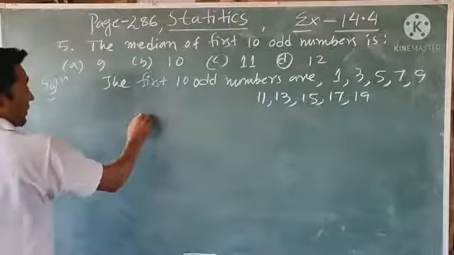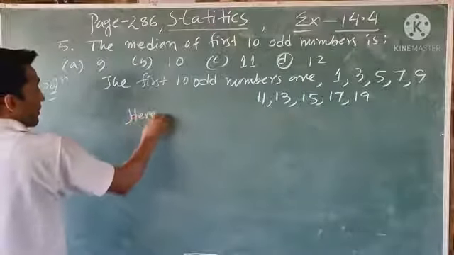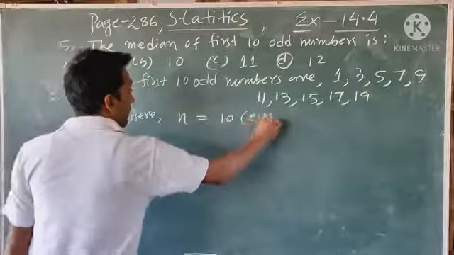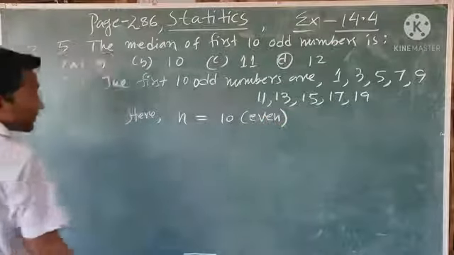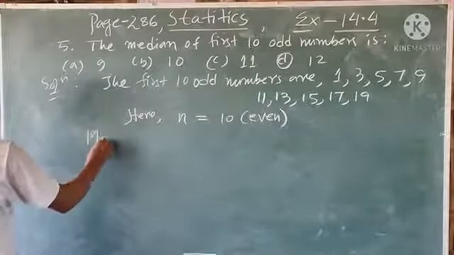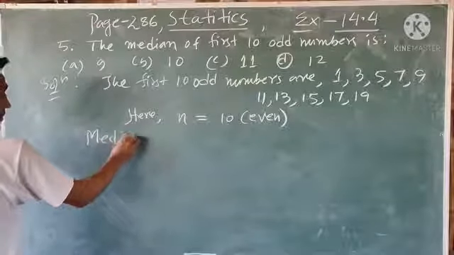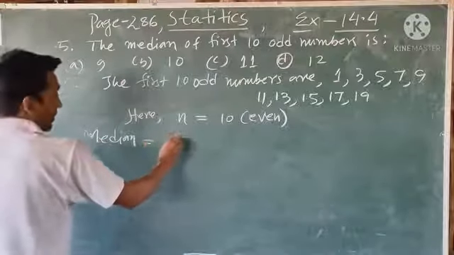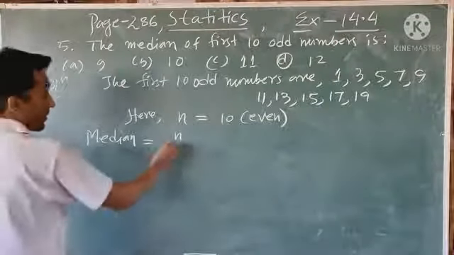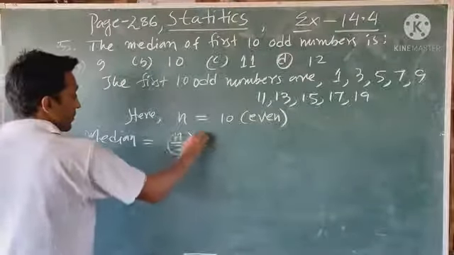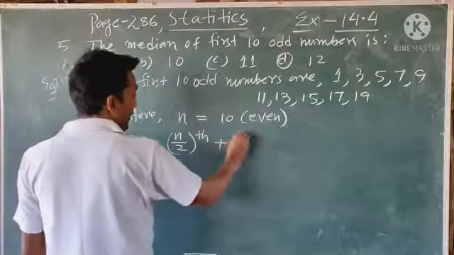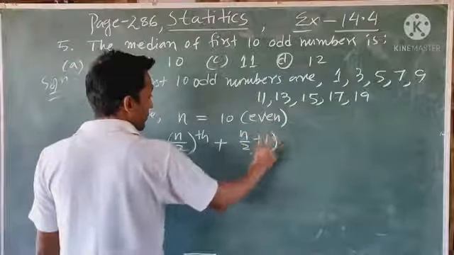So here the number of observations is 10. 10 is an even number. So if it is even, then to find the median we have a rule: the mean of the n by 2 and n by 2 plus 1 observations.